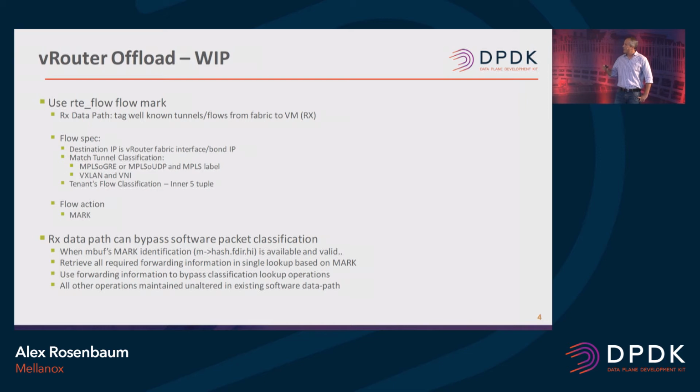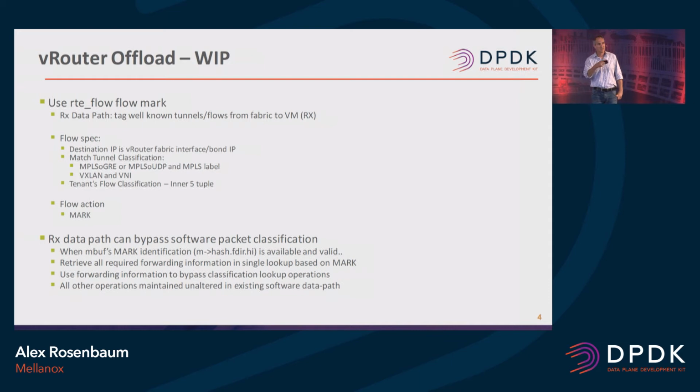So assuming hardware can classify this flow, we can set a flow mark. When we receive the packet, the MBUF includes the flow mark, which allows the RX data path to bypass a lot of software classification, save CPU, and jump into the processing plane further down the road. When an MBUF is received with a mark, not all of them have a mark, we can retrieve the required forwarding information in a single lookup.